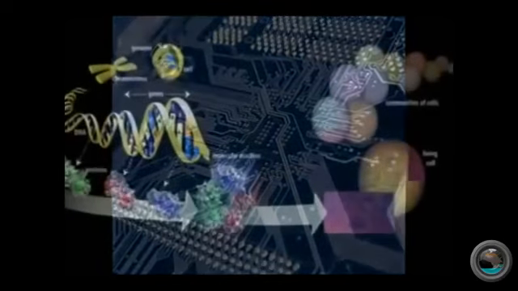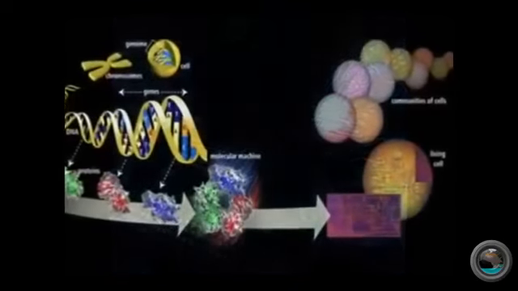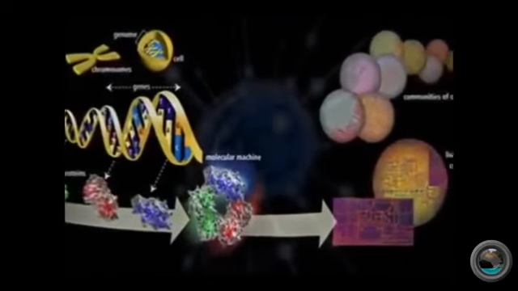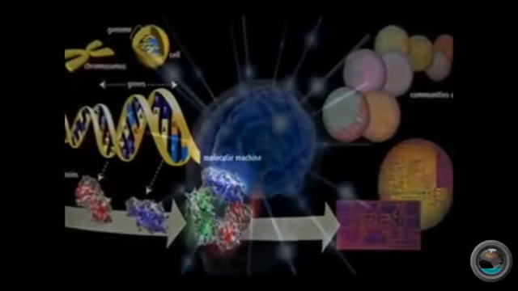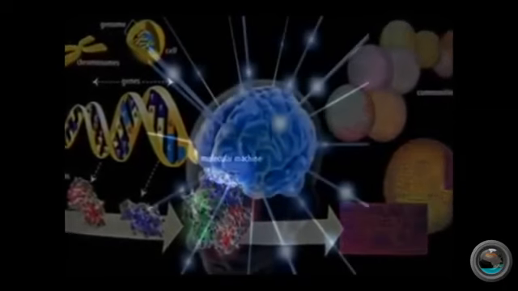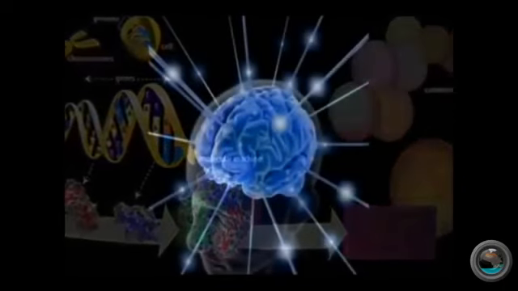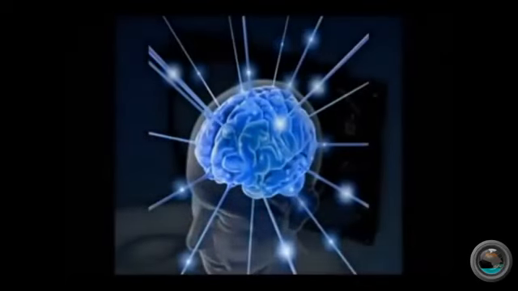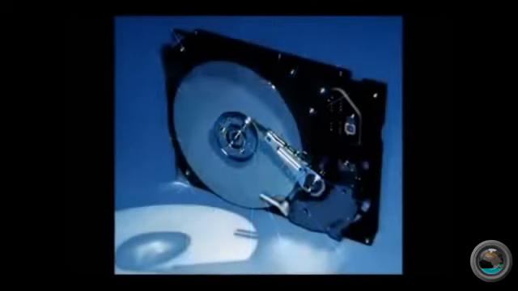So each cell has a copy of the entire kernel. But amazingly, each cell chooses to activate only the relevant parts, which modules or which driver it loads, so to speak. If a cell needs to do something or call a function, it calls up the right piece of the genome and transcribes it into RNA.